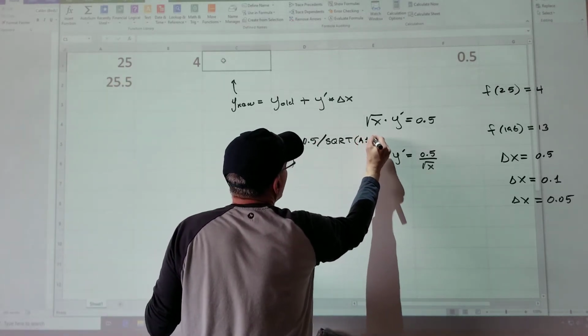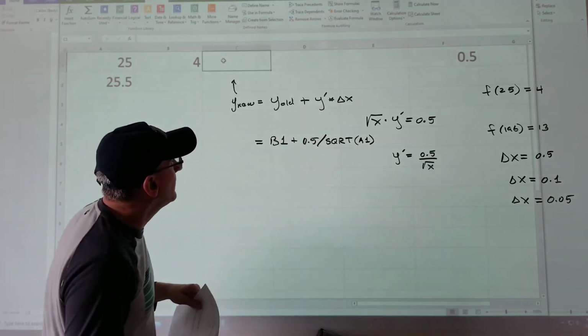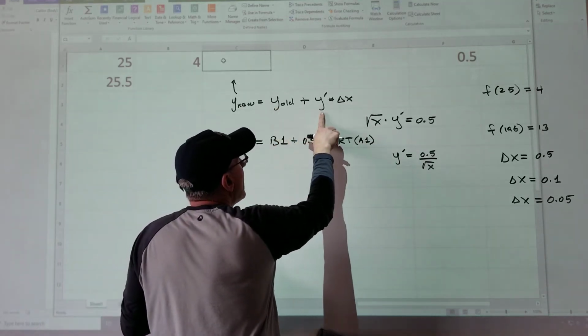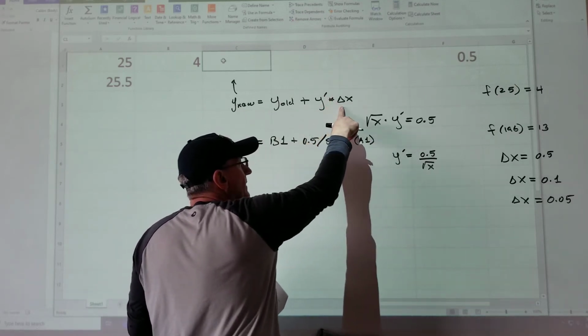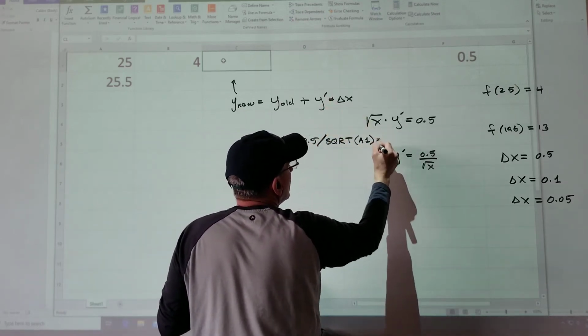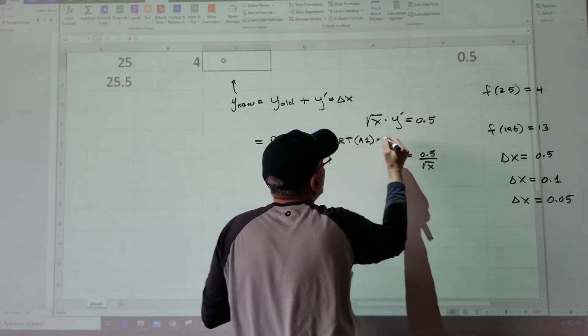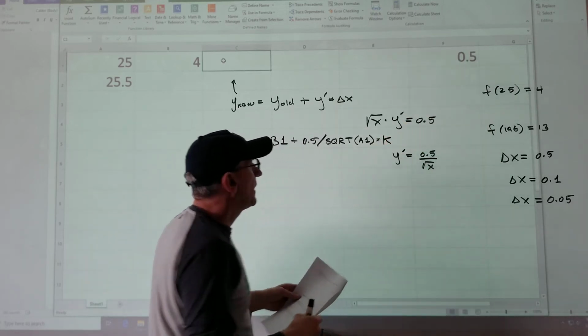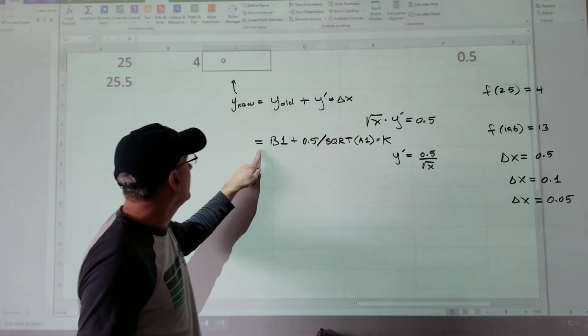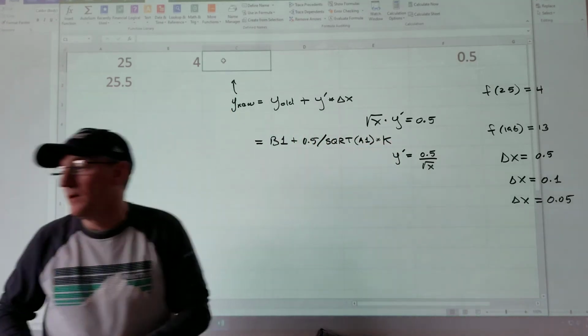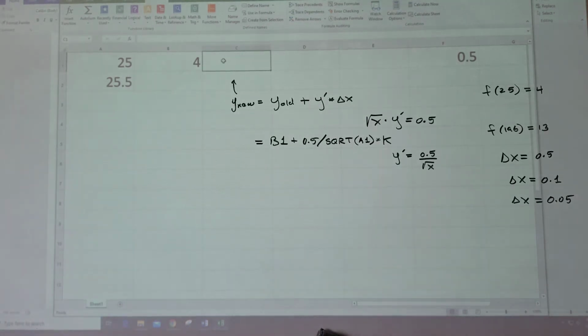So you type A1. And finally, so I've done this and that. All this expression here is y prime multiplied by delta x, which is that k value up here. Okay, sorry it's a little disorganized looking, but everything from here to here, including the equal sign, is going to get typed in there. And then I'll come back and erase it.